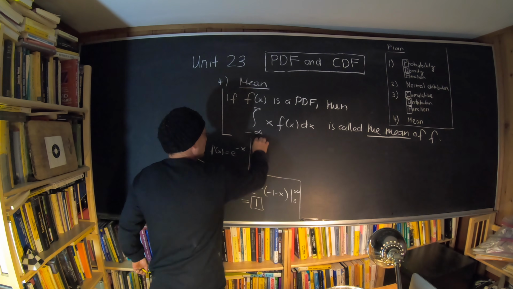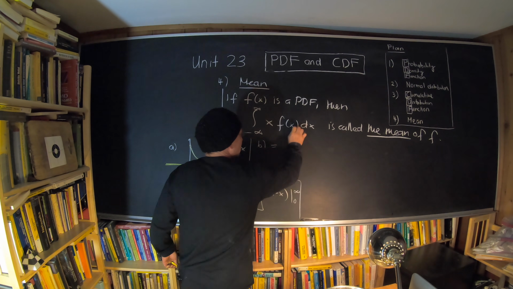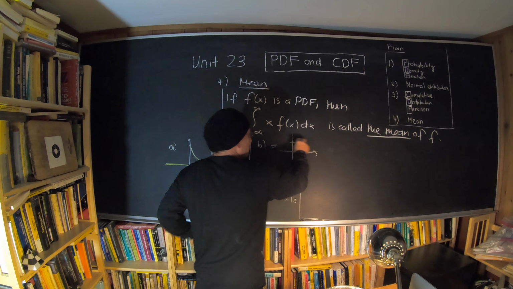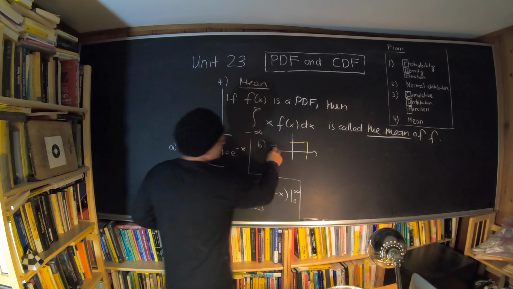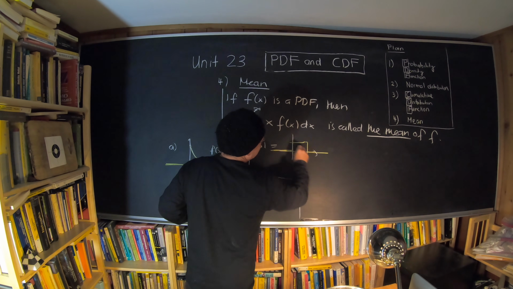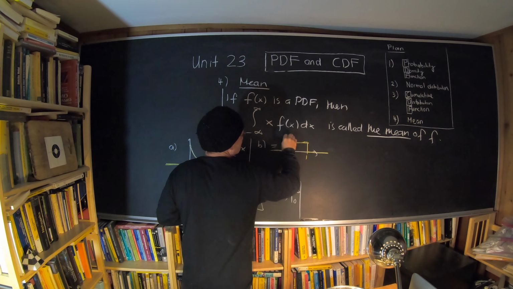In example B, where we had the uniform distribution from 0 to 1, the function was 0 everywhere except on the interval from 0 to 1.